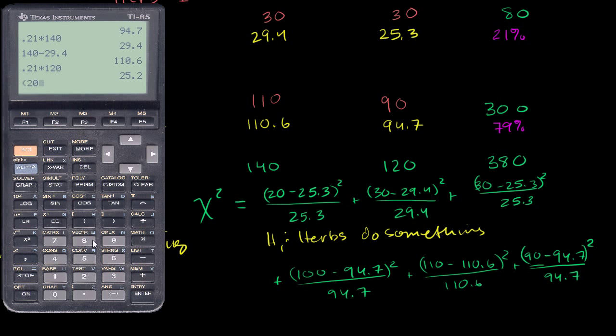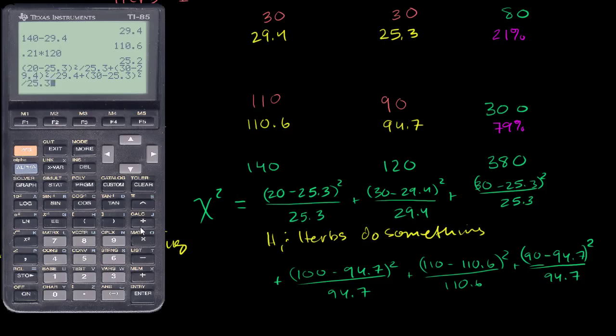So we have 20 minus 25.3 squared divided by 25.3, plus, open parentheses, 30 minus 29.4 squared divided by 29.4, plus, open parentheses, 30 minus 25.3 squared divided by 25.3.